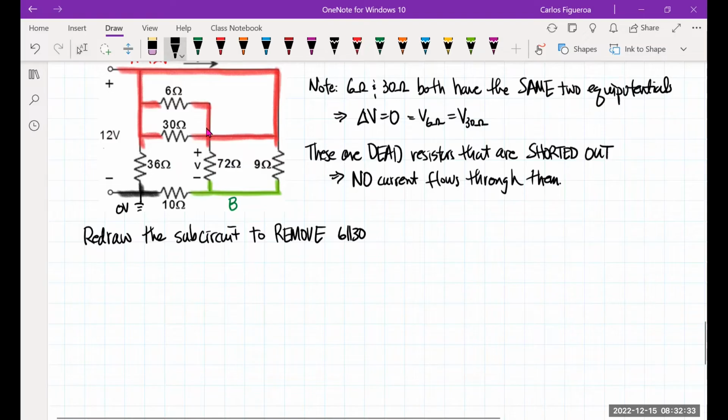I'm going to make that 6 and 30 as one resistor. So then I'm going to go like this, then I'm going to come in, and now I'm going to go down. And I'm going to place my one resistor, which is 6 parallel to 30. And then you could see I come down and I have the 36.